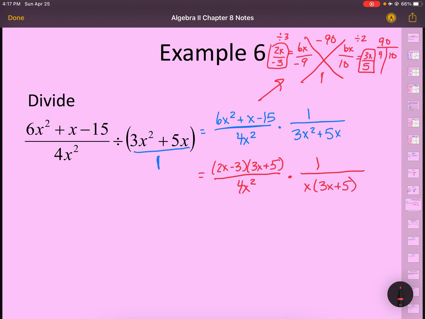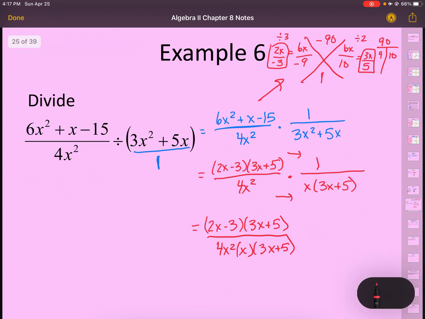Alright, and now we're still just going to multiply straight across, numerator with numerator, denominator with denominator. So 2x minus 3 times 3x plus 5 times 1, that we don't have to write anymore, all over 4x squared times x, and then 3x plus 5.